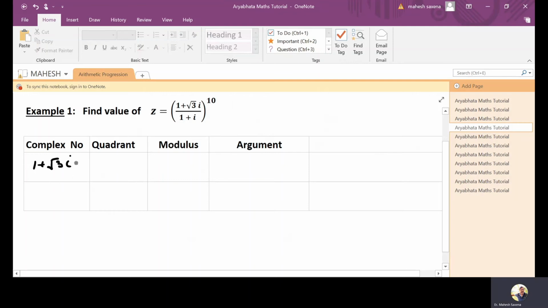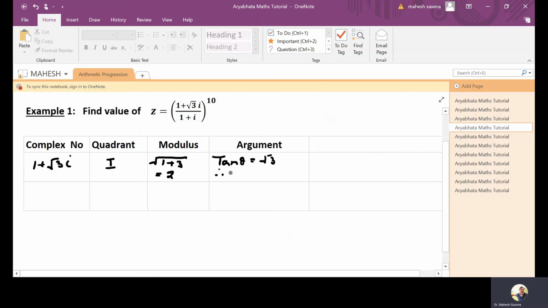Since this complex number comes in the first quadrant, the modulus of this will be under root of 1 square plus root 3 square, that is 3, and that is equal to 2. And the argument is, suppose theta is the argument, then tan theta in this case is equal to root 3.